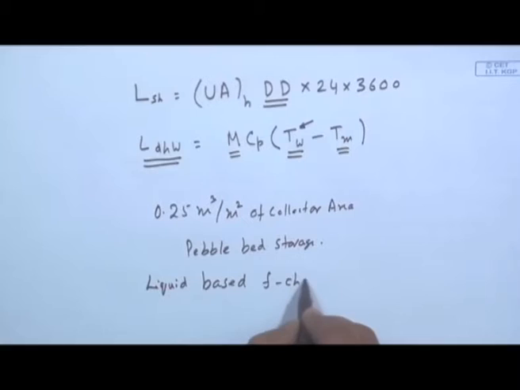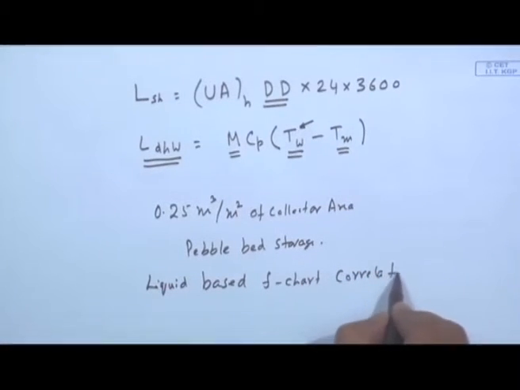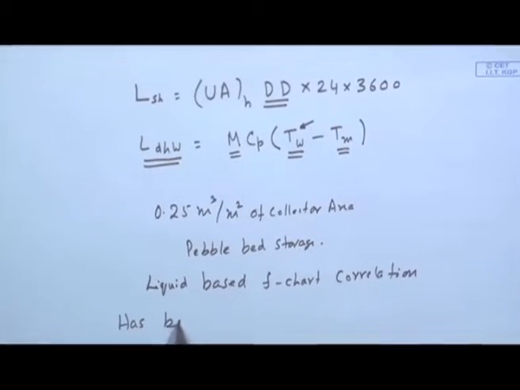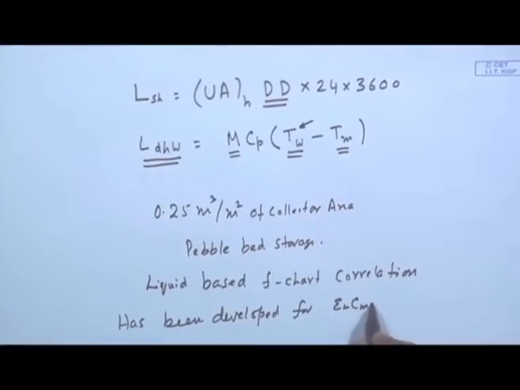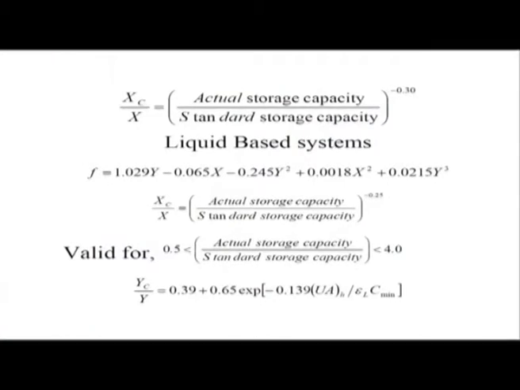F chart correlation has been developed for epsilon L C minimum by UAH equal to 2.